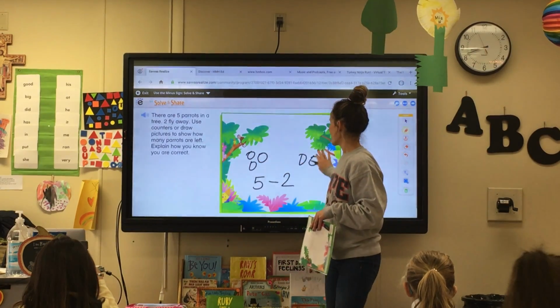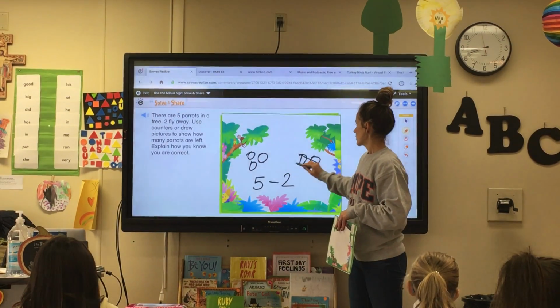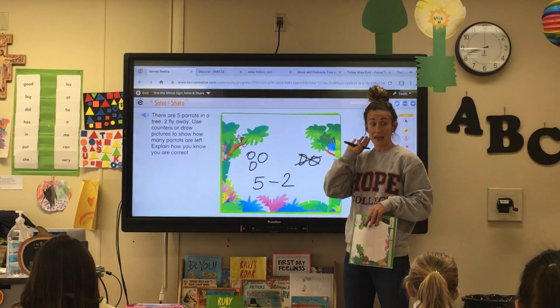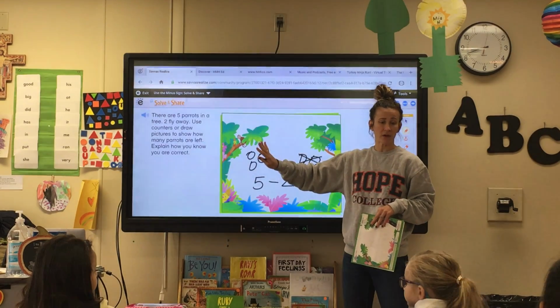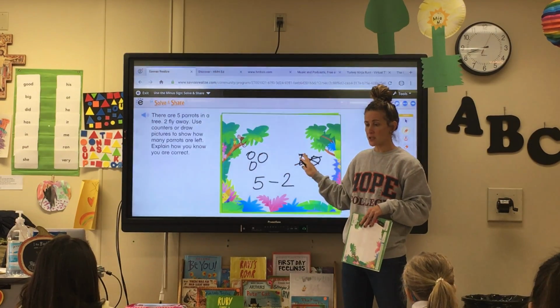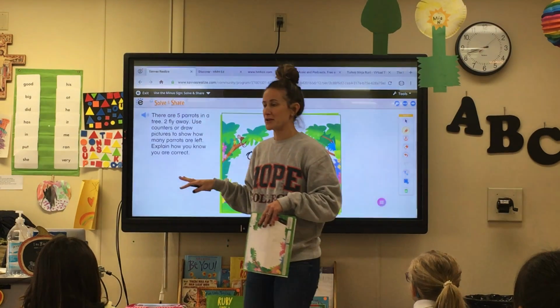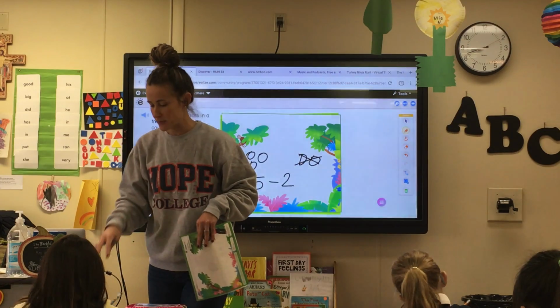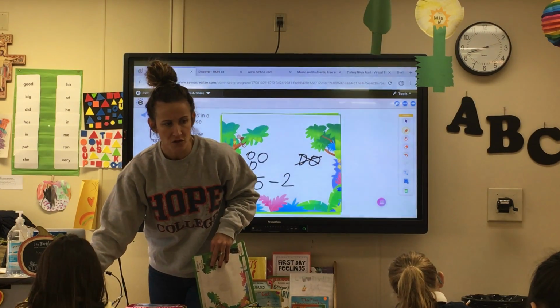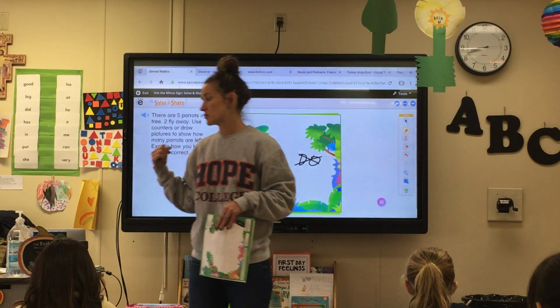If these 2 fly away, let's do this. Cross off those 2 to show that those are the ones that are leaving. Do that with me. You guys can move your erasers out of the way, and now you can draw counters to match mine.